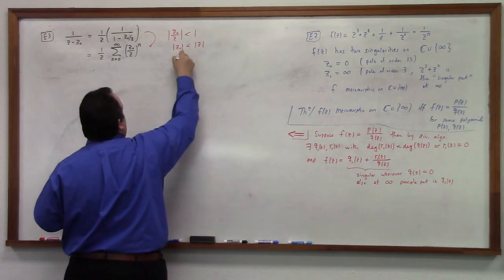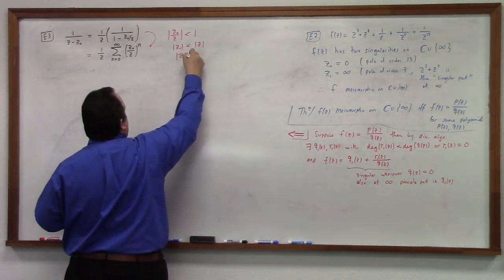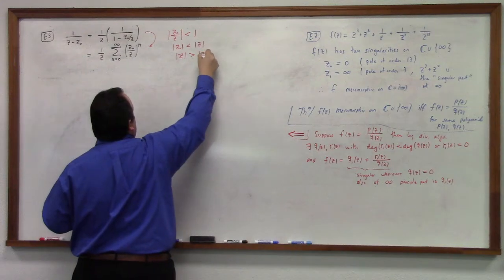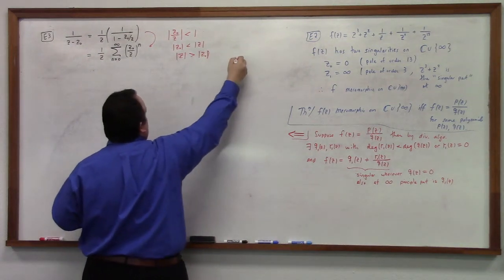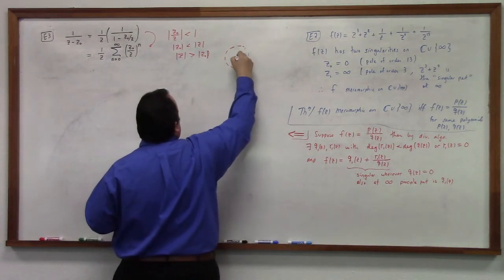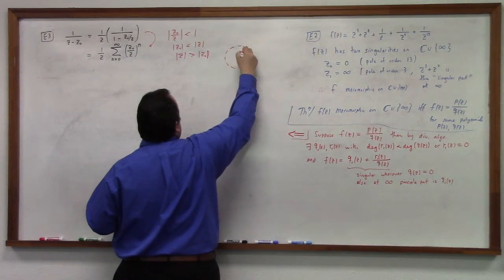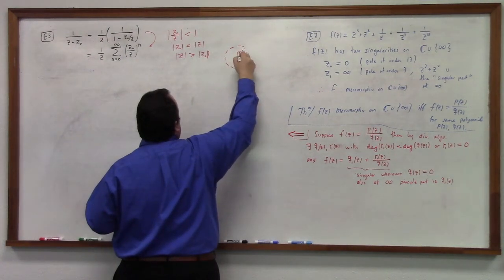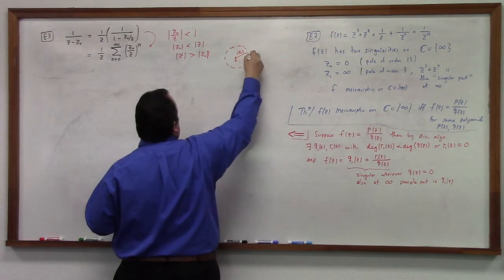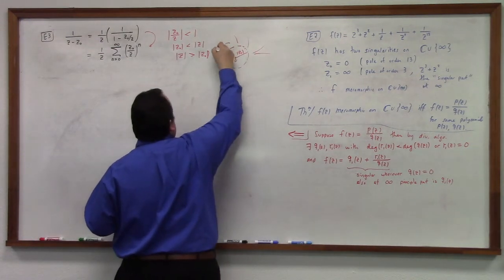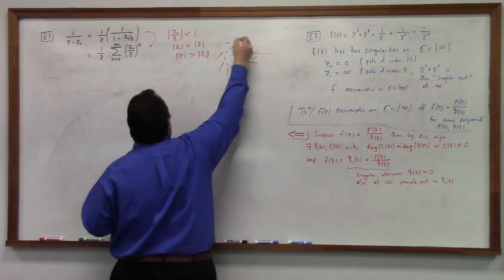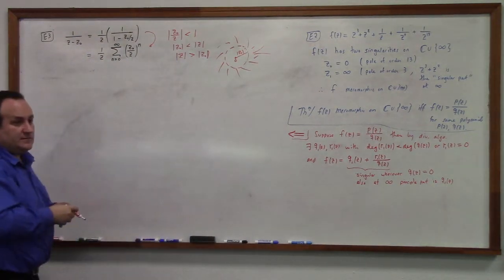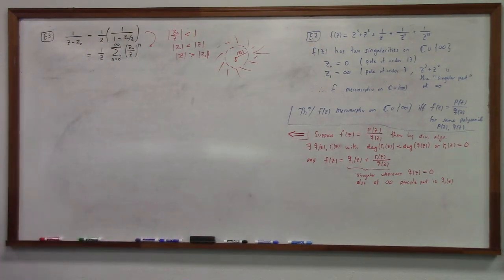Or, more naturally, the modulus of z has to be greater than the modulus of z naught. So in a picture, if this is z naught, and here's 0, this is the circle of radius z naught. Then everything out here is where this formula is legit. It's an exterior annulus.